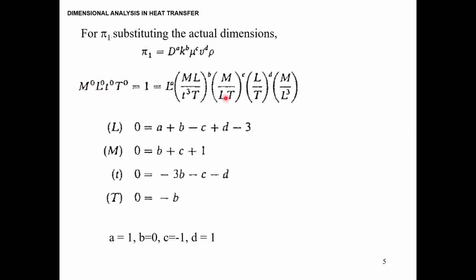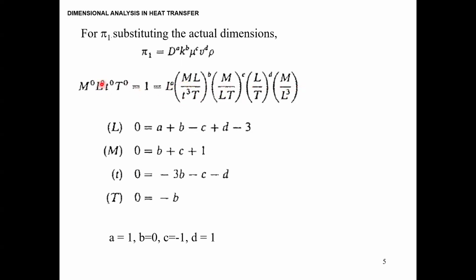On the other side, you express each of the variables in terms of its fundamental units. Now you equate. Here you have L to the power 0, which should be equal to whatever power you have for L on the other side.